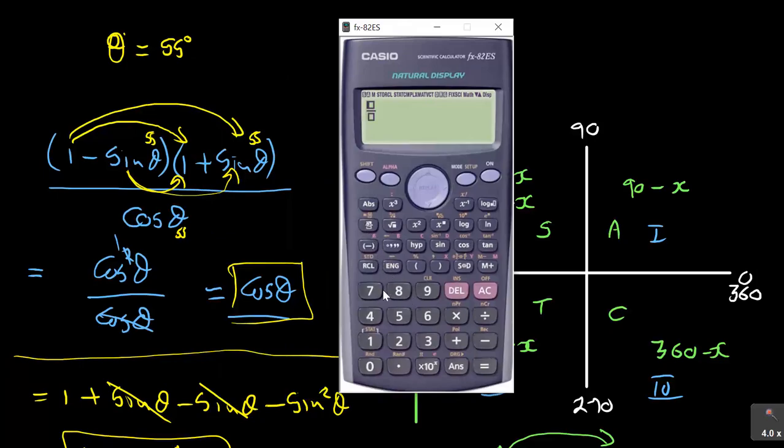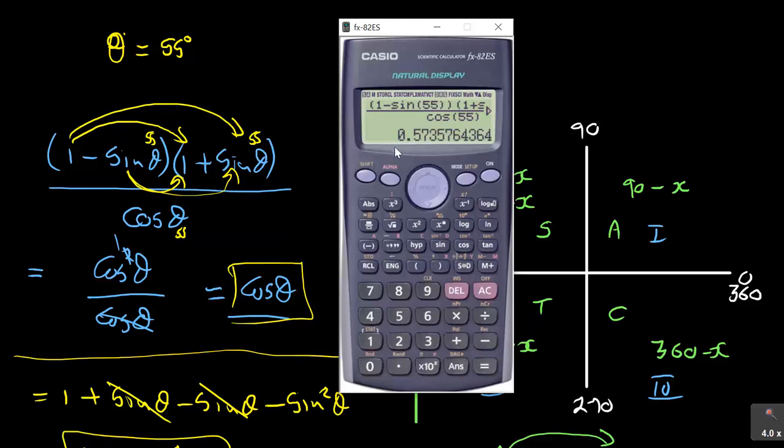So you've got 1 minus sine 55 in brackets, and be careful of the brackets there, because one opens, one closes, so you must put 2 brackets, and then you open another one, which is 1 plus sine 55, you close and close, over cos 55.